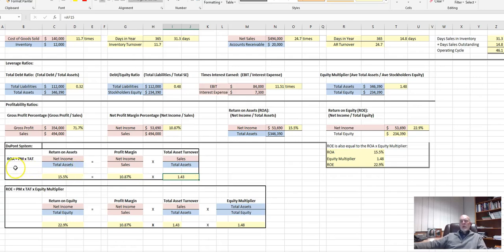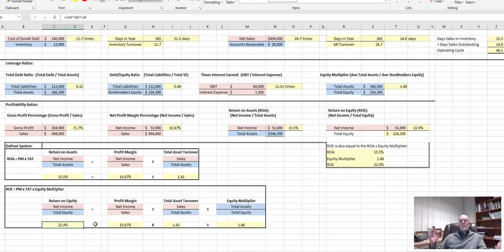So that's a way to break out the return on assets, and we can do a similar thing with return on equity by looking at the profit margin multiplied by the asset turnover, and then extending that by multiplying by the equity multiplier we talked about previously. And these three components, when multiplied together, also give us that return on equity.